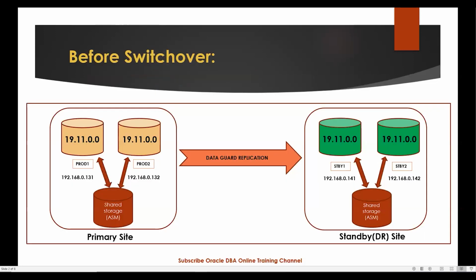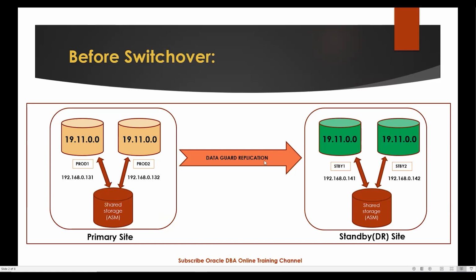This was our last session, where we saw the Data Guard configuration. We have the primary site which has two nodes, two separate instances on the 131 and 132 servers, with the latest 19c database version.